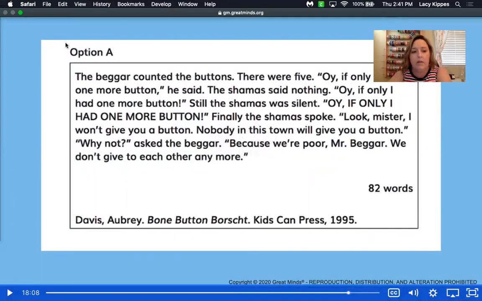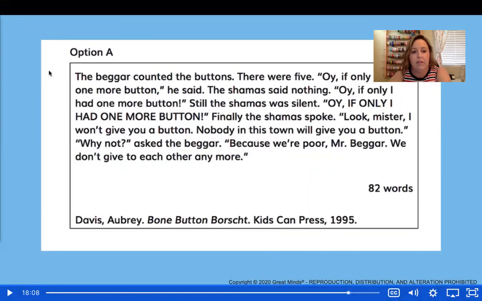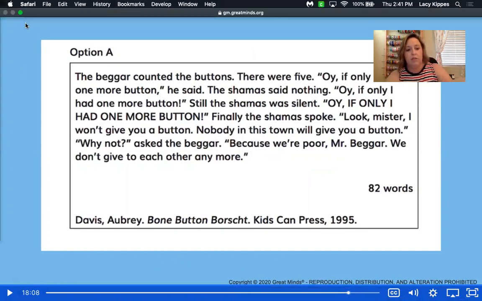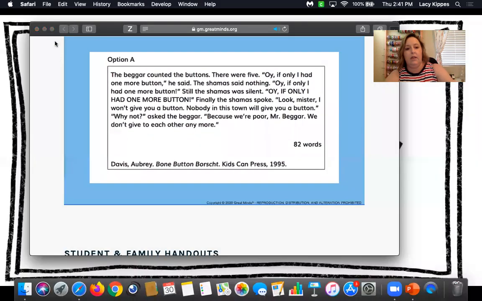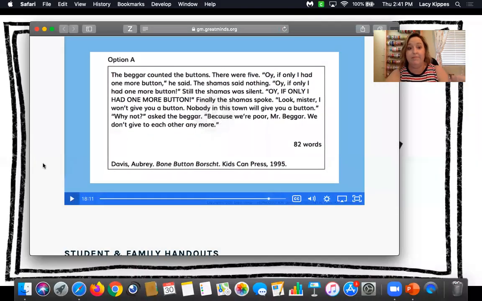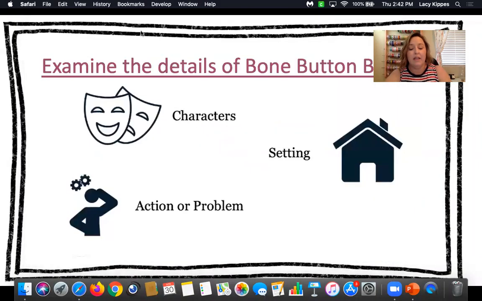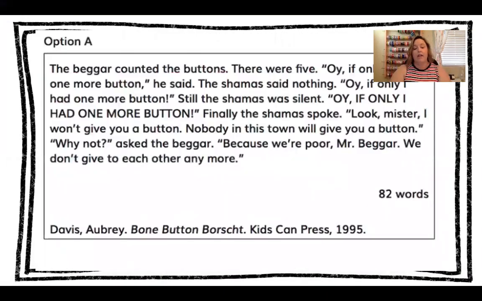So now that we have looked at some details, you will have a chance to use some of these details. To end our lesson today, we're going to practice reading. In your exit ticket for today, I have a couple pages that we read today from our book, and you can use those to help answer.